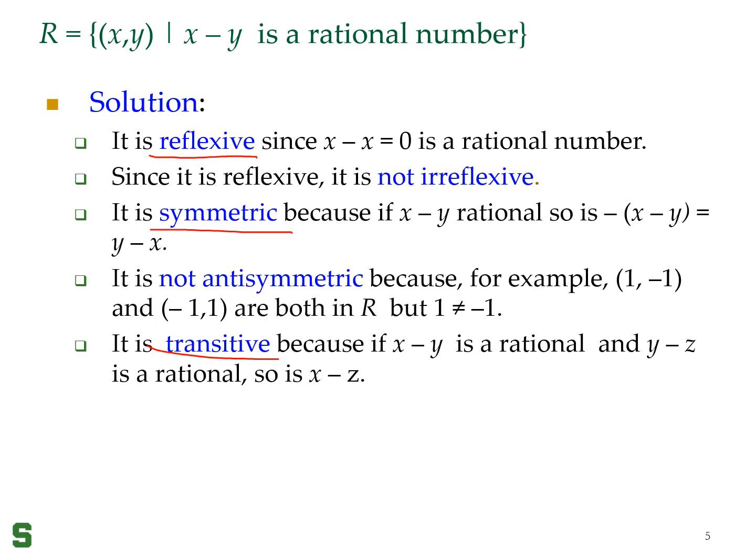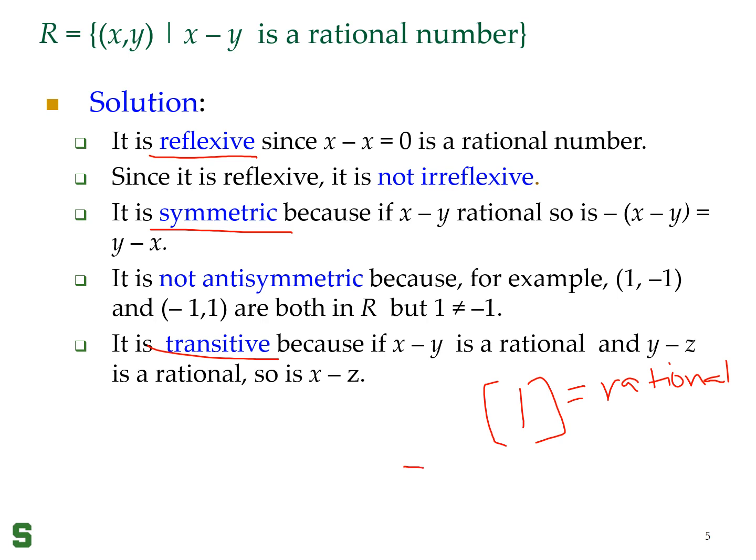So if I wanted to find out the equivalence class of a number, say if I wanted to find the equivalence class of say 1, then essentially that's going to require me to find all numbers y such that 1, y is in the relation, and that means 1 minus y needs to be a rational number, and that means all rational numbers will satisfy this property, and that means if I look at the equivalence class of 1, that is going to be all rational numbers.